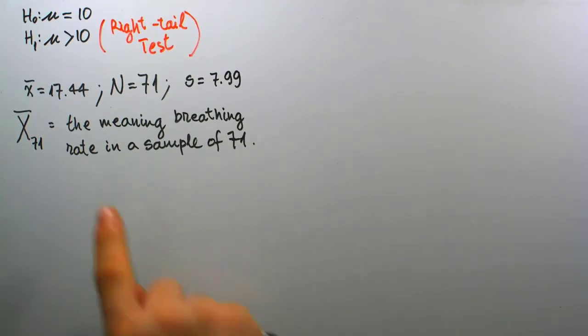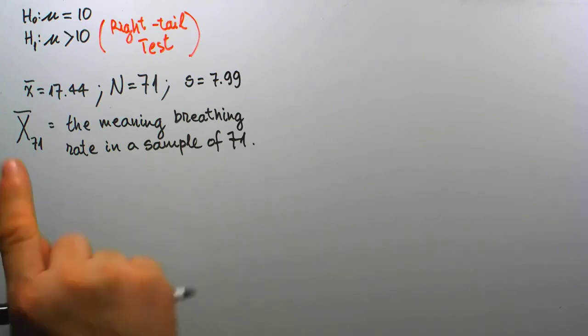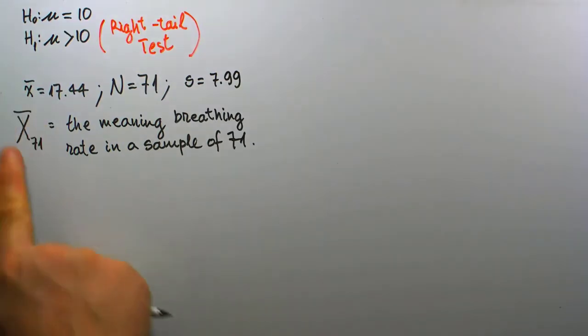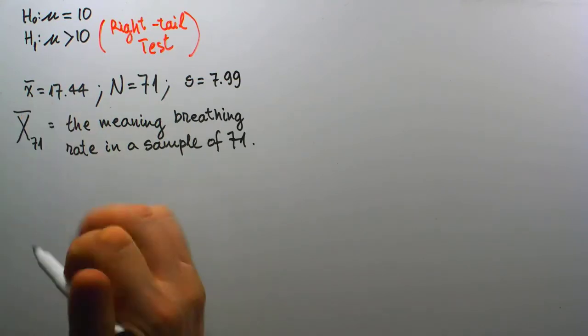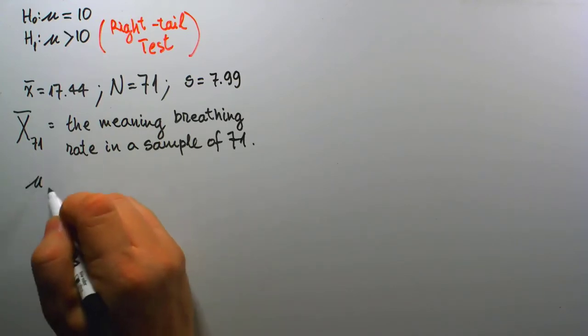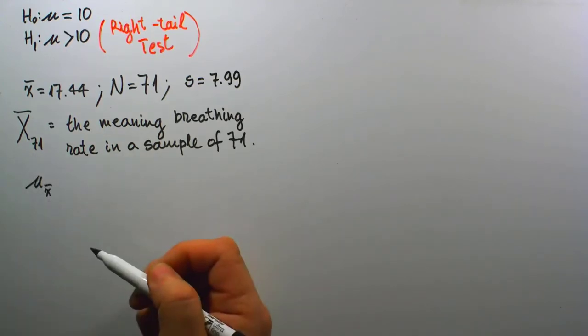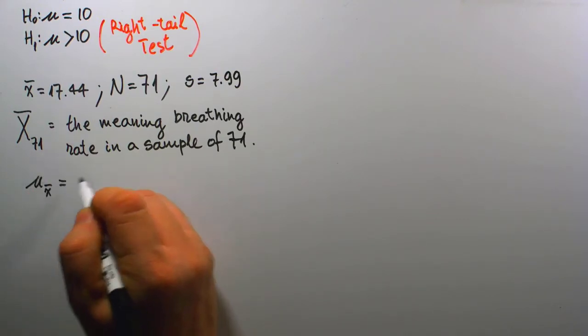And since this random variable capital X bar 71 represents an entire population of sample mean values, there will be a population mean of all sample means existing out there. And the central limit theorem stated that this mu X bar should equal mu.